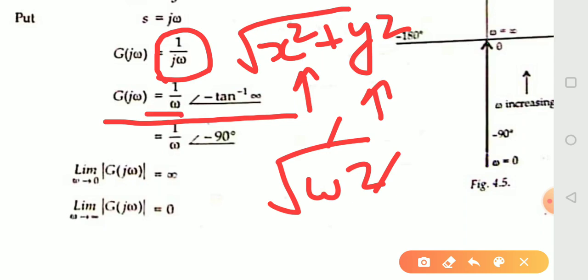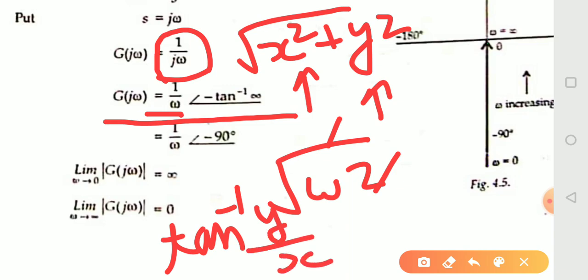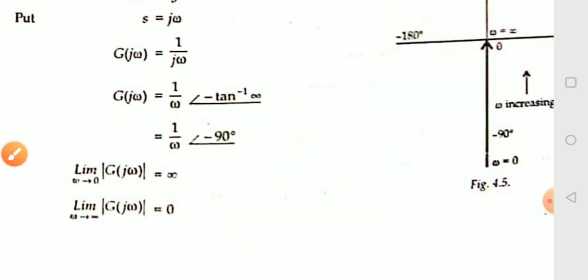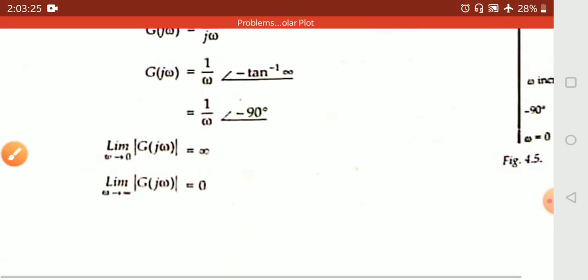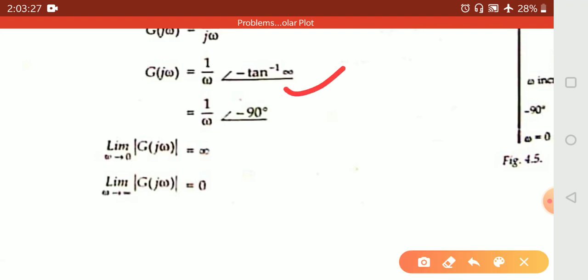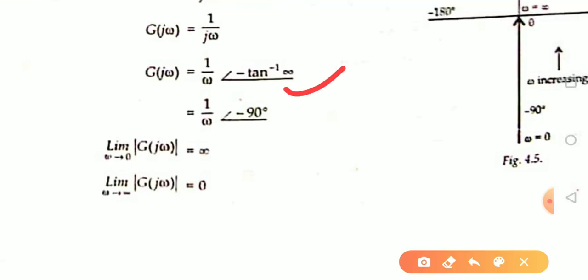For the angle we use tan inverse of y over x. Here x is 0 and y is omega, so omega upon 0 becomes infinity. So the angle is tan inverse infinity. At what value is tan infinity?